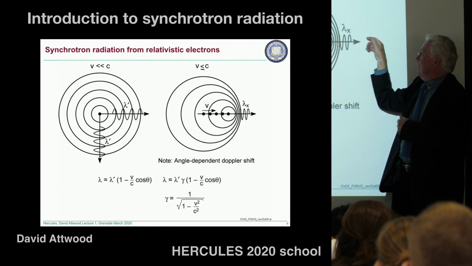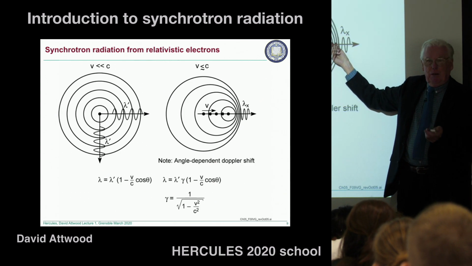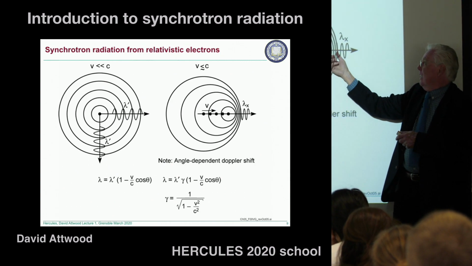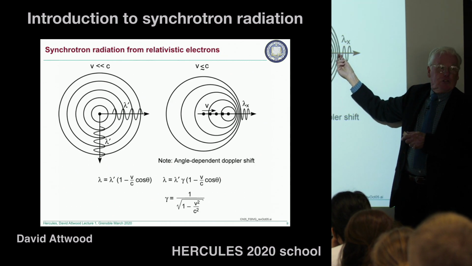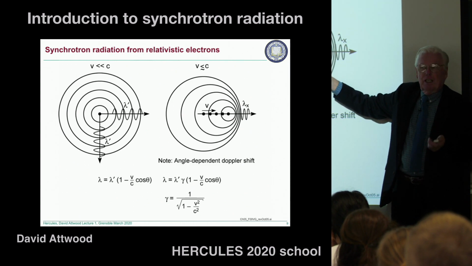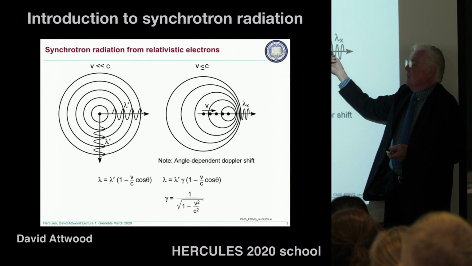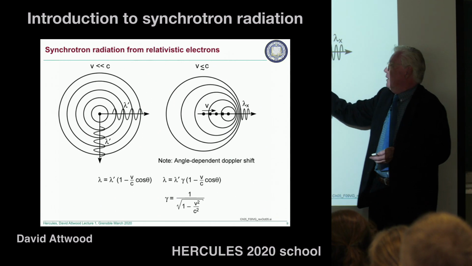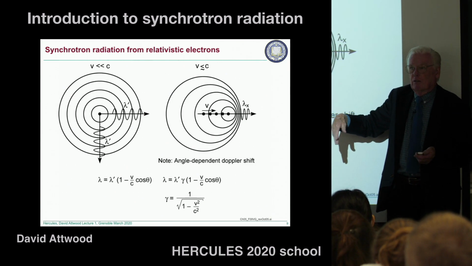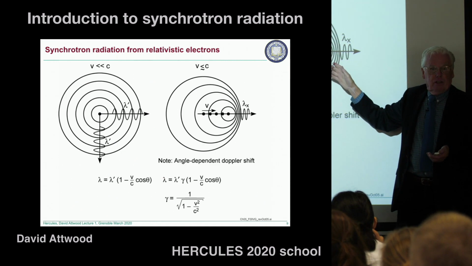So if you're observing from this direction, there's a great contraction here. It's probably one of the best things I'll show you today, and it becomes extremely short. And this is for a modest value of gamma. When you get up to gamma equals 12,000, even though this oscillation in the laboratory frame might have seemed a much, much lower frequency, much longer wavelength, here you're going to get X-rays out of it.